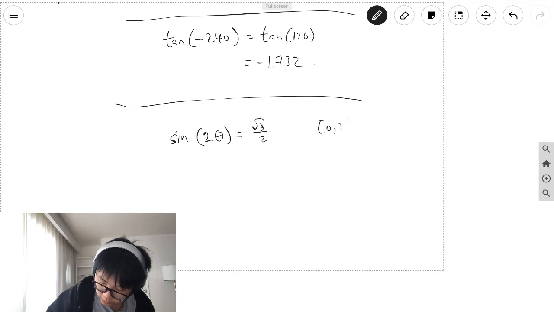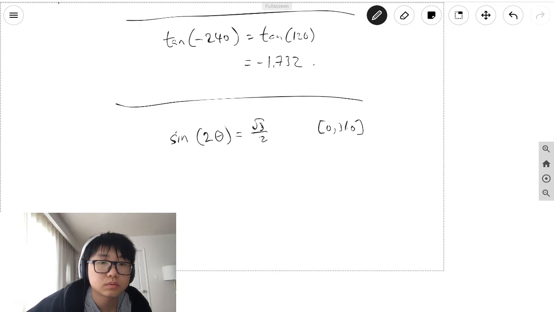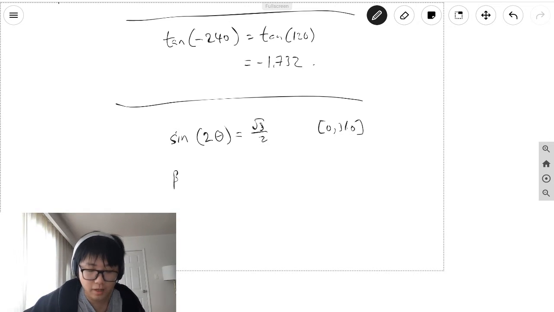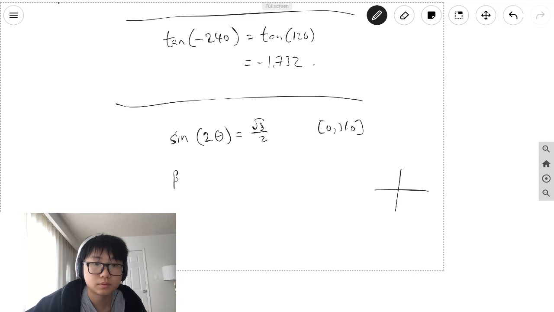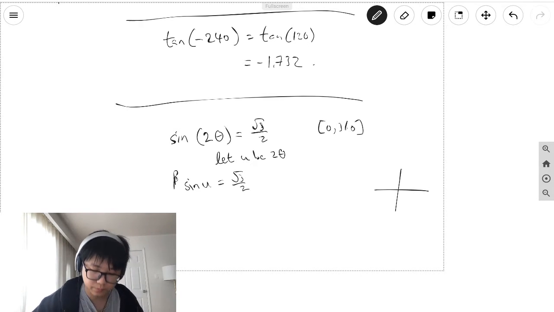Alright, 0 to 360, go ahead. I'll show you a little hint. Your first move is to let u be 2 theta. So this reverts into sine u, and then you can look for u first and then sub it back in after.